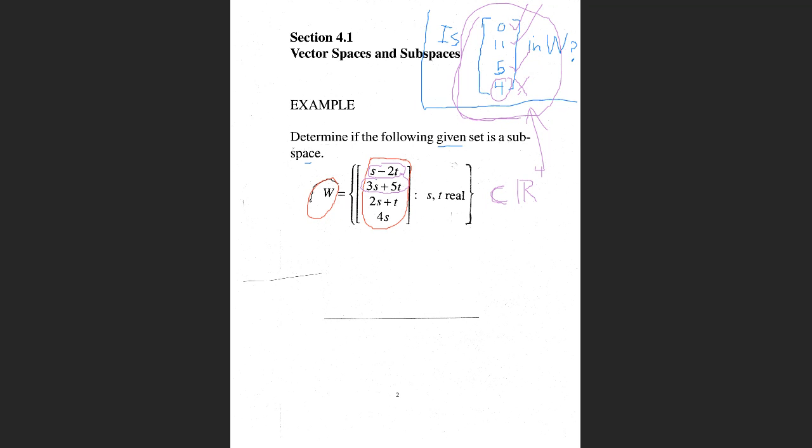Could I write space W here as a span of some vectors? Yeah, Binyam, R4 is only wide enough to equal itself, but space W is not. It's a subset of R4. This symbol means subset, but we're not saying it's a subspace.